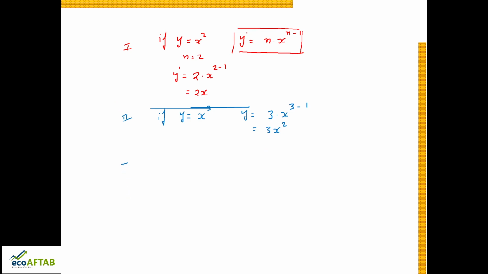where I will take a constant in the picture. If y is equal to 6x raised to 4. So here 6 is a constant, x is a variable, and 4 is our exponent.